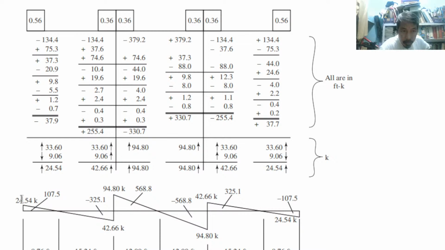Then you can also find the shear, which is easier to find. Now, how to find out 69.6? You just find out the area of this one. Multiply 24.54 times 8.76 divided by 2. That is the value.